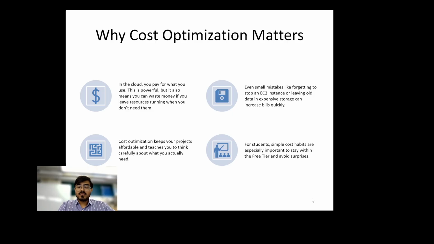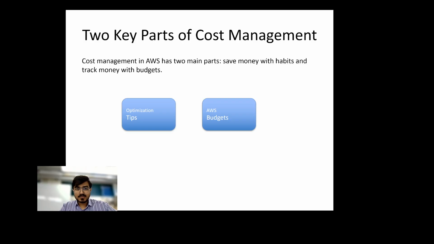Your bill will go up. Storing old data, old files in expensive storage when they could be moved to a cheaper option is like paying for a luxury locker when a basic one would work. Cost optimization makes sure your projects stay affordable, especially for students like us who may be using the free tier. Let's move to the next one.